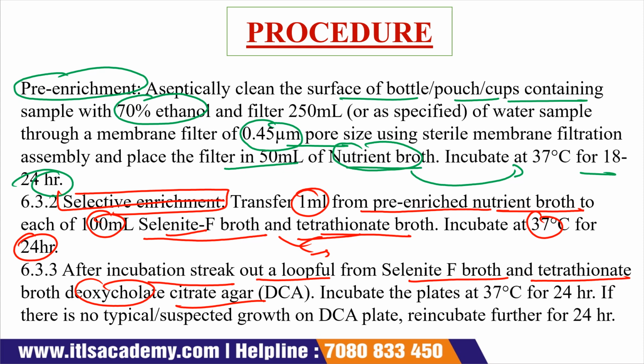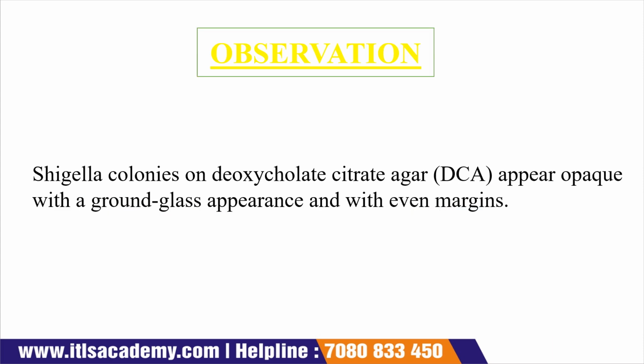Then we incubate that plate at 37 degrees Celsius for 24 hours. If no typical suspect growth takes place on the DCA medium, then we re-incubate it for a further 24 hours. Now the next is your observation.